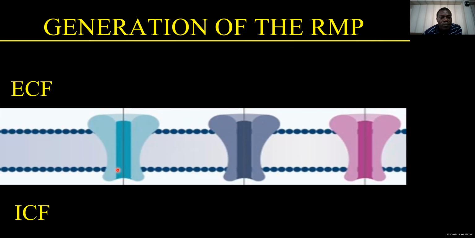Let's consider this to be the cell membrane, and this side to be the extracellular fluid, this side to be the intracellular fluid. Let's also consider that this is the potassium leaky channel, this is the sodium leaky channel, and this is the chloride leaky channel.